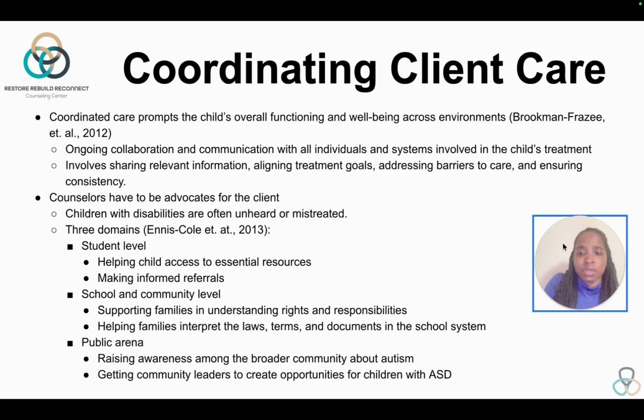And also, if a client's school isn't following their IOP, then a counselor might step in and advocate that their IOP is being followed, because that is a law that schools have to implement and follow for children with disabilities.